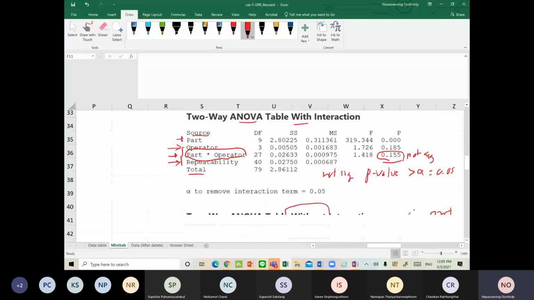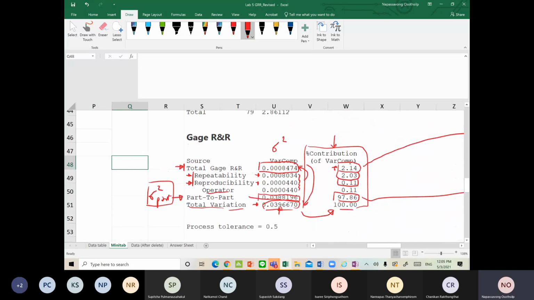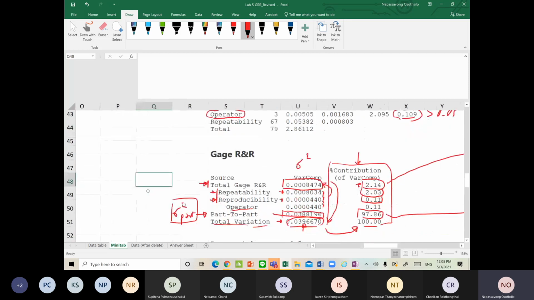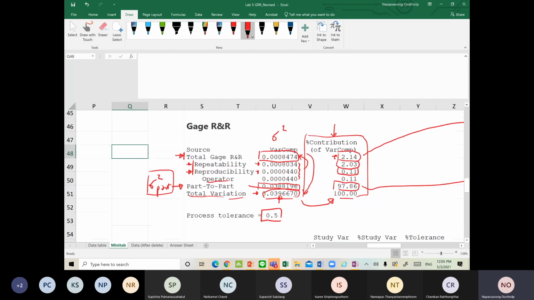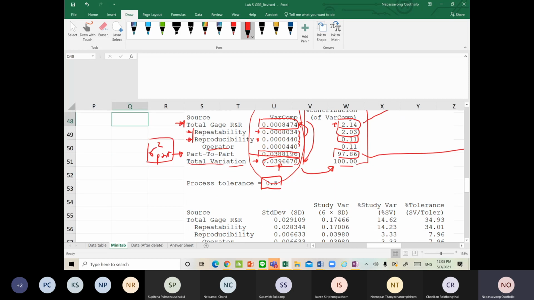Let's see, the digital vernier. You have seen the percent contribution, and the process tolerance you entered is 0.5. From this information, this is the variance column. If you take the square root of this column, you will get the column called standard deviation.